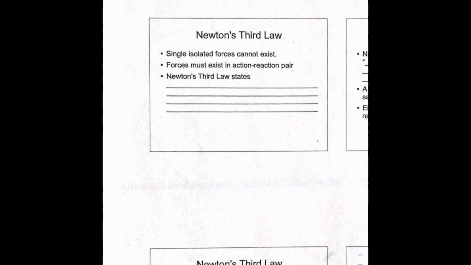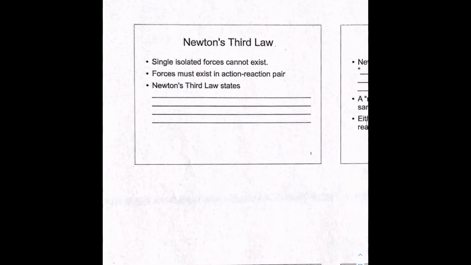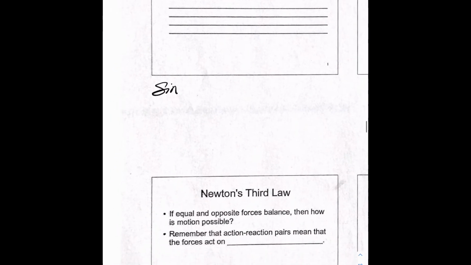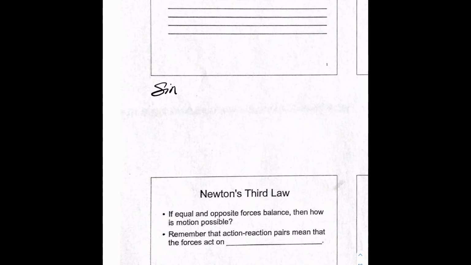Okay, so Newton's third law. Newton's third law starts off by stating that single isolated forces cannot exist. Let me just write that down right under here. In the universe, all forces occur in pairs.